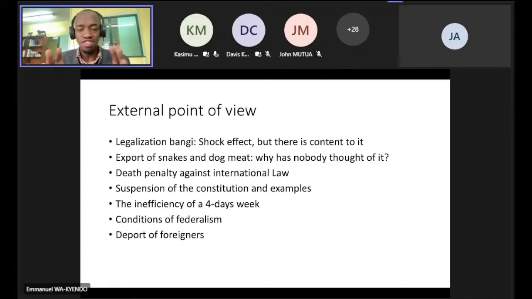So one difference between the platforms is that Roots Party is proposing much simpler solutions than Azimio and the Kenya Kwanza camps.